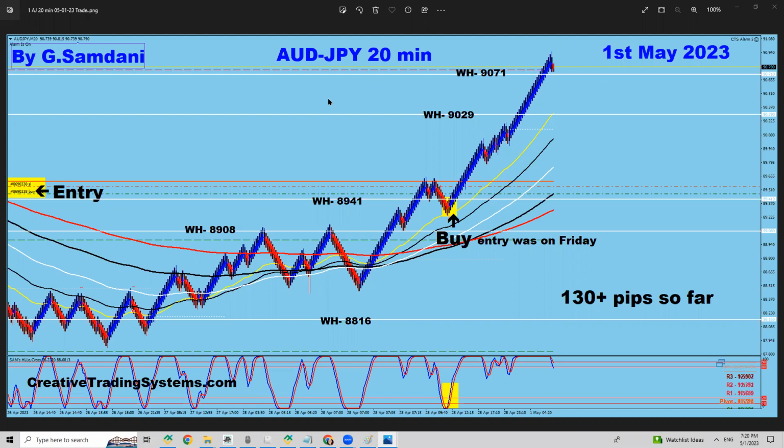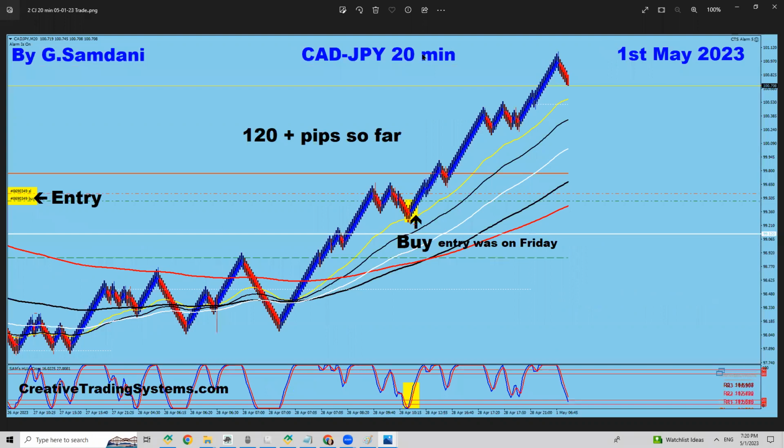This week started today, Monday. I had these 4 trades. Aussie yen, from the 20-minute chart, 130 pips, but the entry was last Friday. And CAD yen, also from the 20-minute chart, the entry was last Friday. I left it open, and today I closed it at 120.